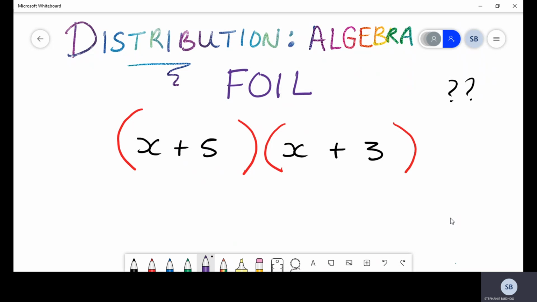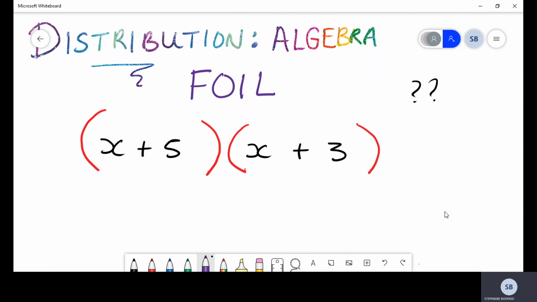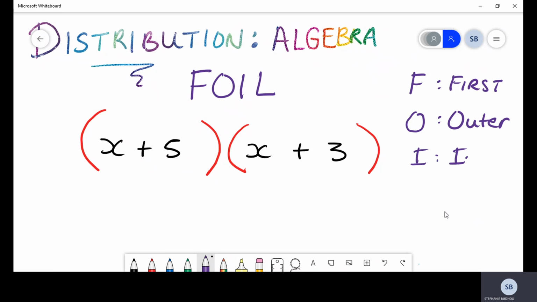Now, FOIL is an acronym and it stands for the following. I'll write it to the side just so we'll have it on screen as a reminder. F stands for first, O stands for outer, I stands for inner, and can you guess what L stands for?